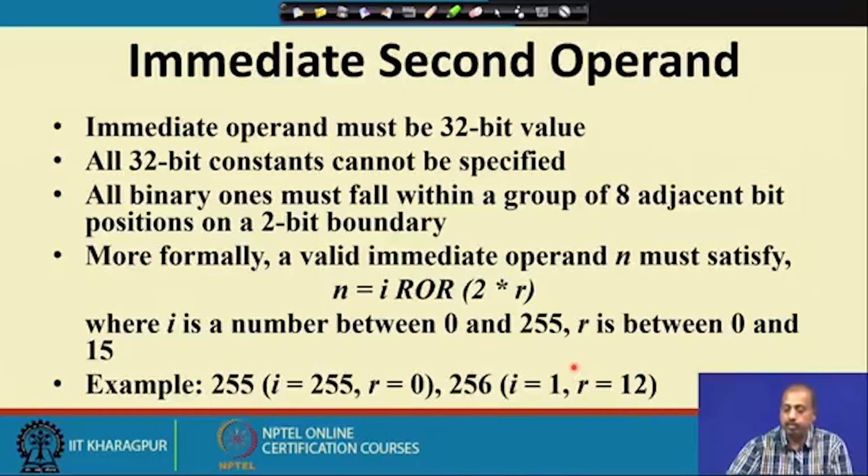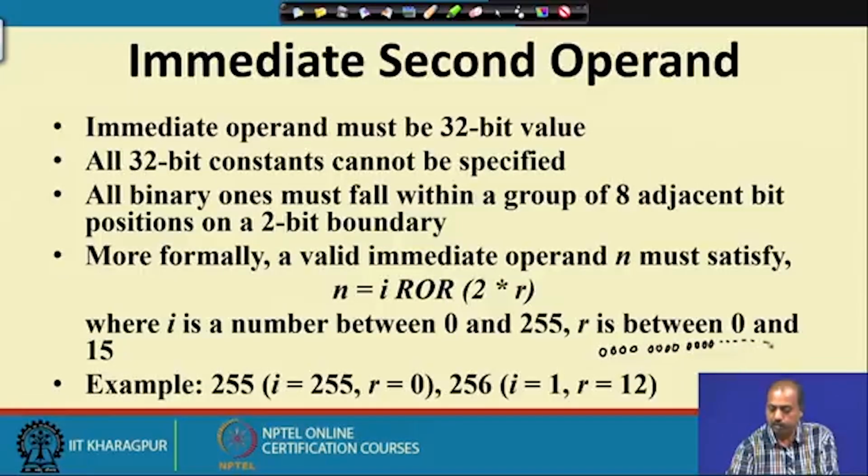So the number is 0 0 0 0 0 0 0 1, and I am rotating it right by 24 bits, since it is 2 into r.